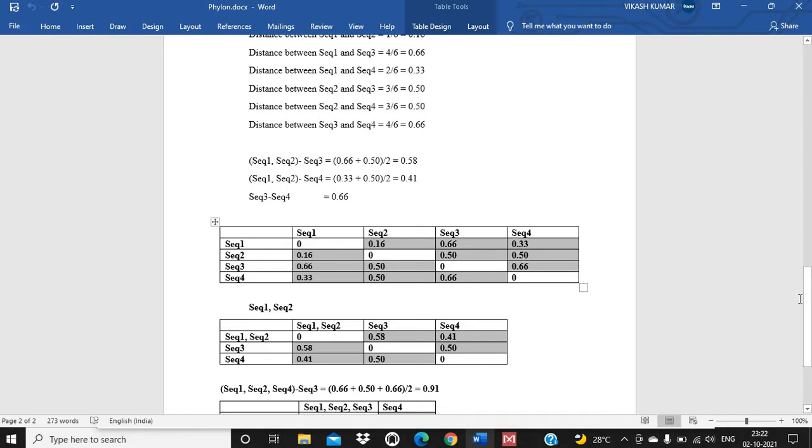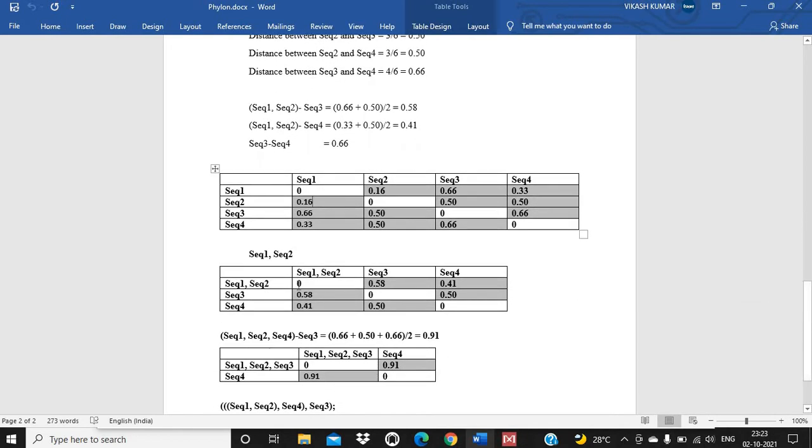So we group together sec1 and sec2, and then we create a new table where sec1 and sec2 will be compared with sec3 and sec4. How will we calculate the distance between sec1, sec2 and sec3? Sec1, sec2 is now a new group, considered as a single combined group, and we have to calculate the p distance of this combined group with sec3 and sec4 respectively.